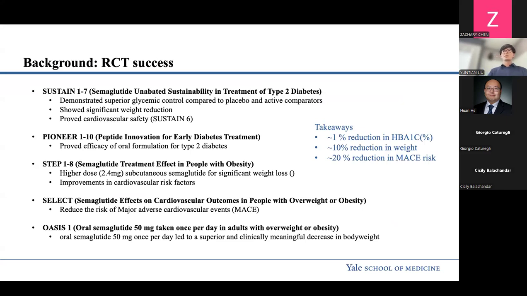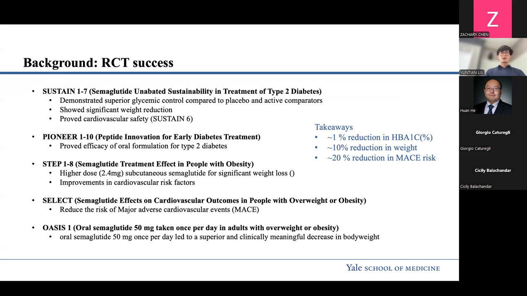Semaglutide has had huge success in randomized clinical trials, which is why it got approved by the FDA. Here I listed 5 main trials that have been conducted. First is the SUSTAIN trials, conducted for type 2 diabetes first in 2017.